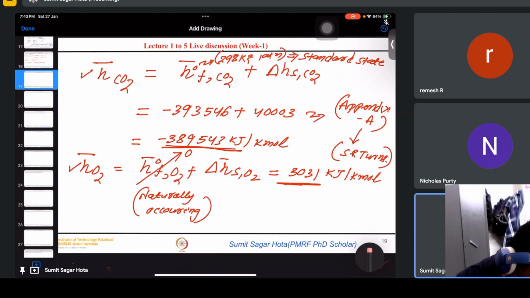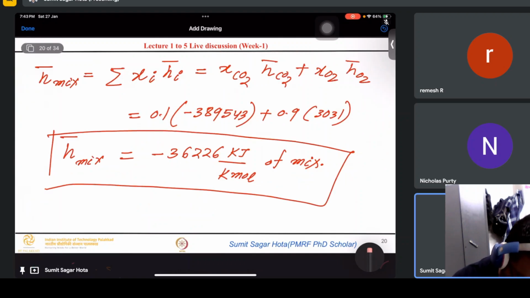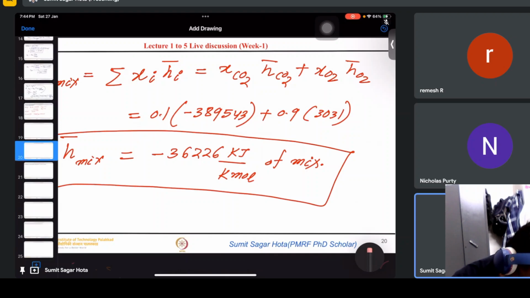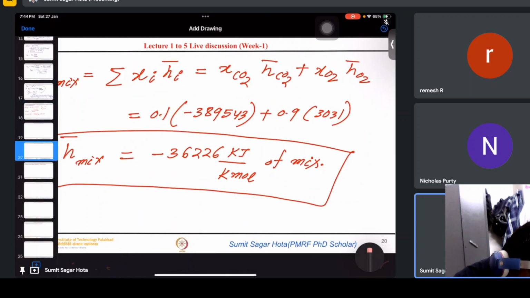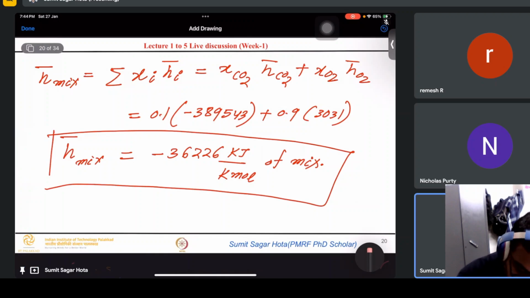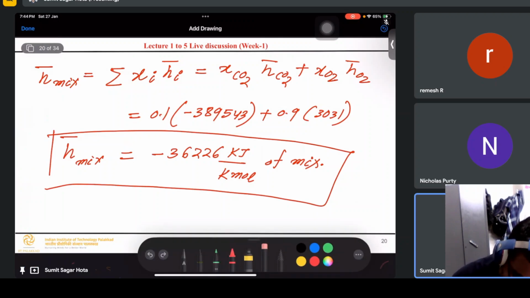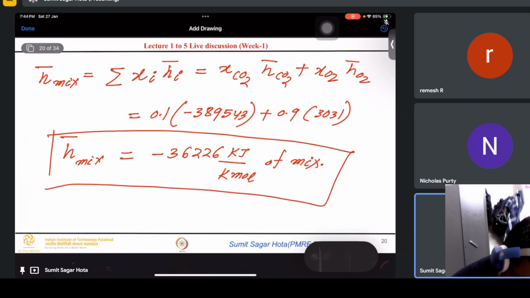So here the negative sign means that for making this whole mixture of CO2 and O2, you have to supply this much heat. You get it?